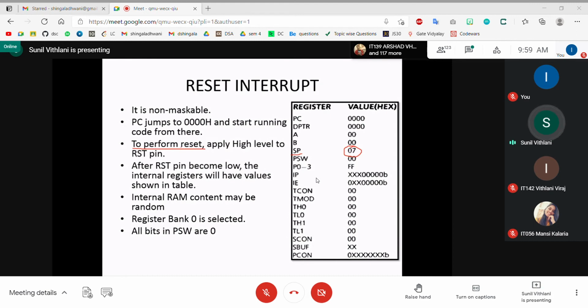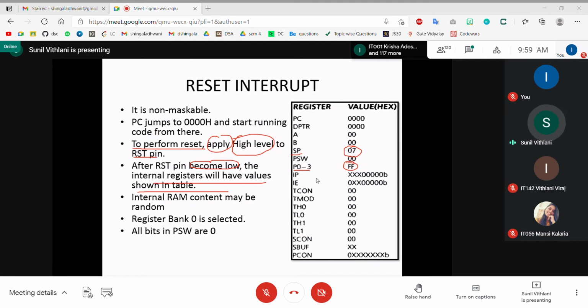Here I have indicated how to reset. To perform a reset, apply a high level to the RST pin, and when this level becomes low, the internal registers will have the values as per this specification. Port 0, port 1, port 2, port 3, we have 4 ports. What will be the status of all 4 ports?